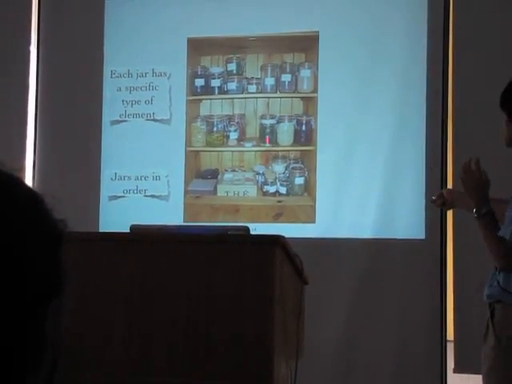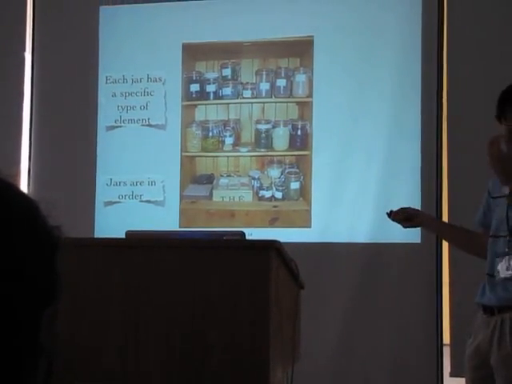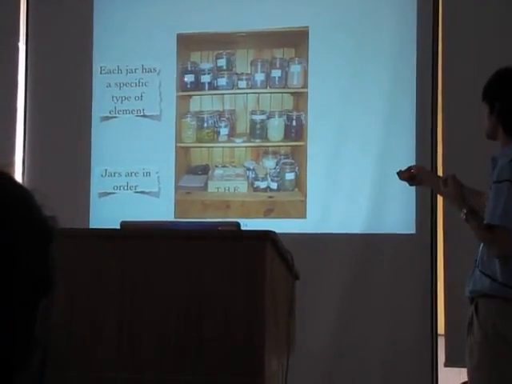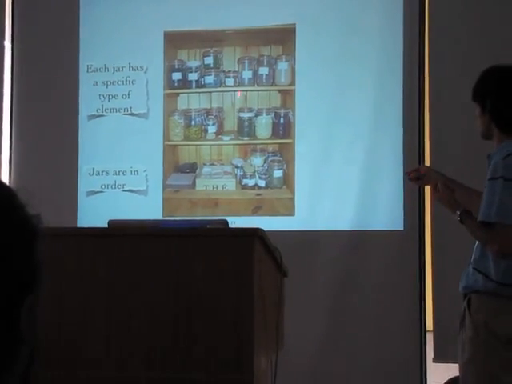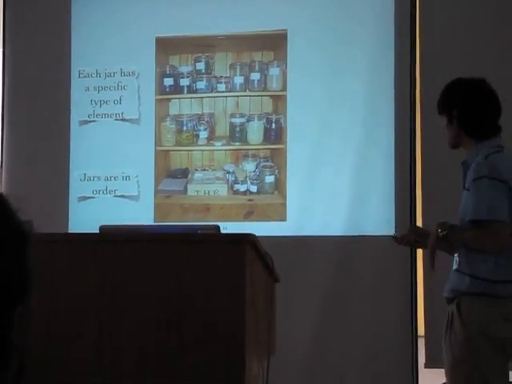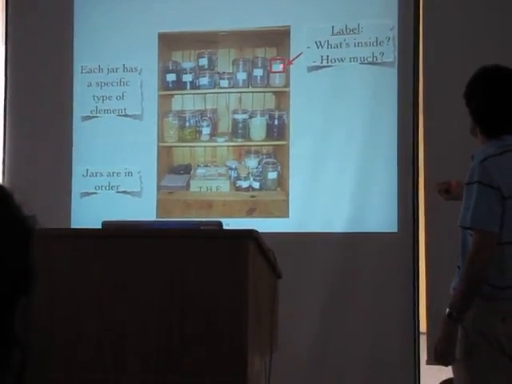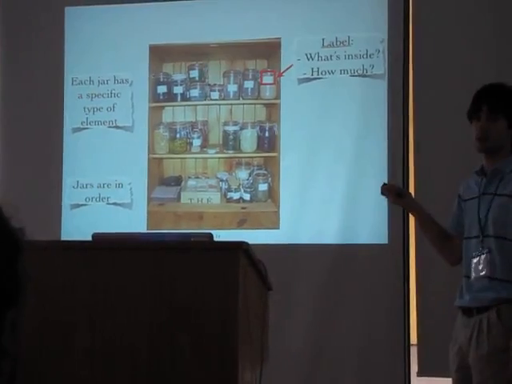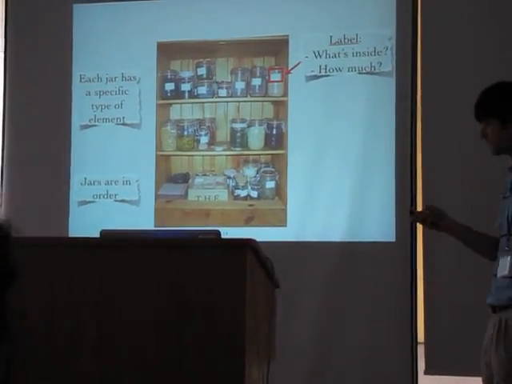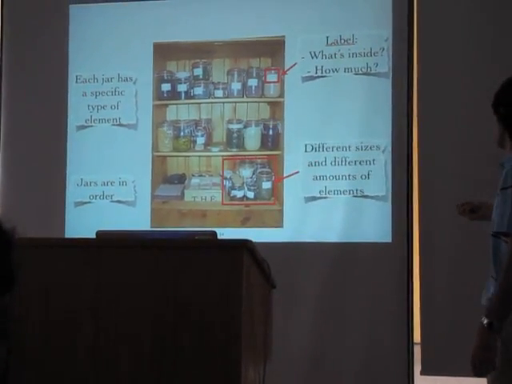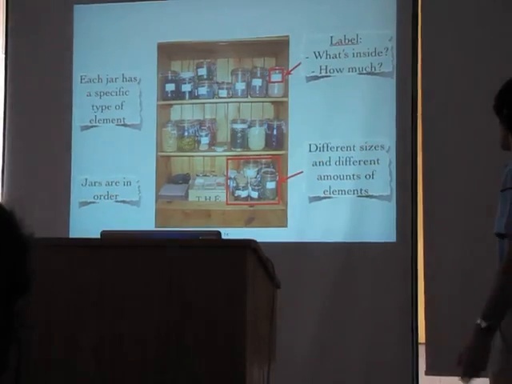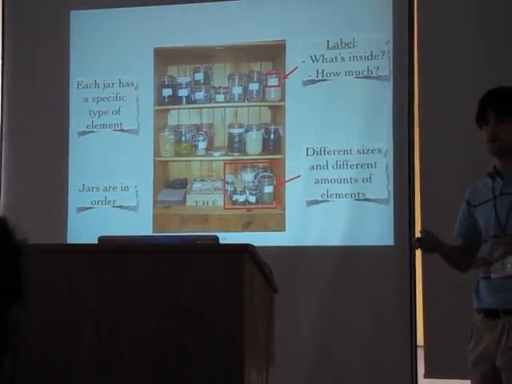So one shard only has one specific type of element. The shards are in order, one next to the other one. They are not just all mixed. Each shard has a label where we put what you have inside and how much you have inside. And finally, each shard can have different sizes and different amount of elements inside.